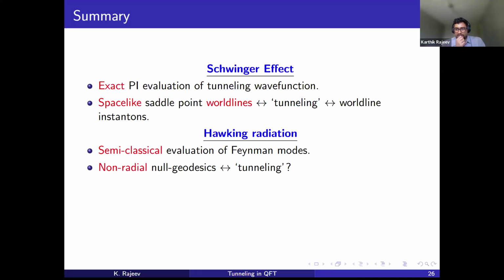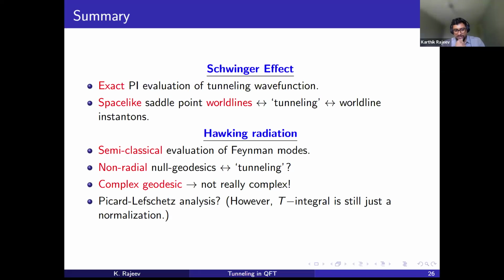And what is open, at least to me, is to see really how the geodesics that describe tunneling can be associated with some kind of other non-radial geodesics, etc. What I'm trying to say is that it's not very clear what the one-to-one connection is in here, because what would have been a complex geodesic is not really complex in the Hawking radiation case.